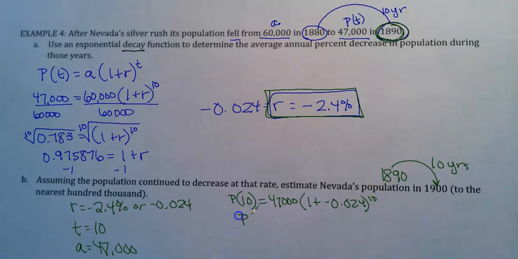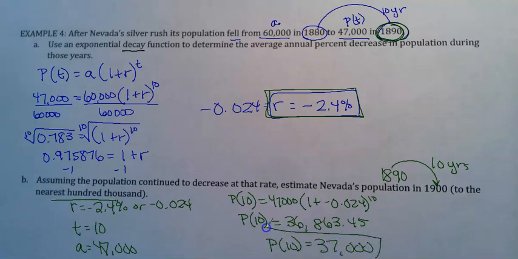Okay, so the glorious thing about this is you can put all of that in your calculator and get out your answer, which is 36,863.45. And we're supposed to round to the nearest 100,000. So P of 10 is going to be 37,000 people.